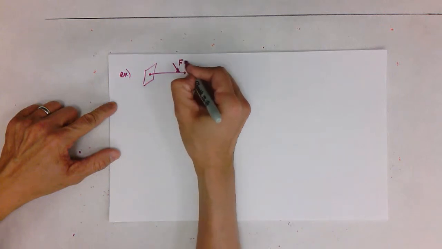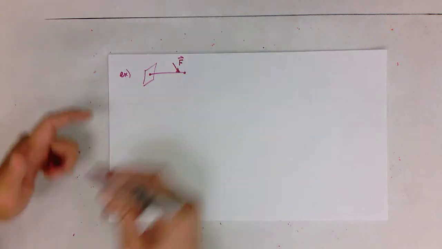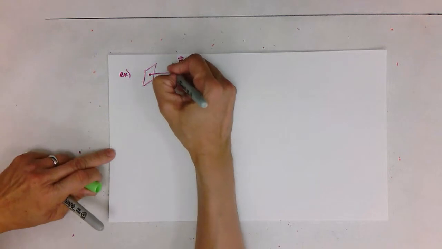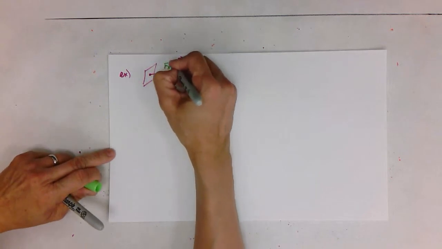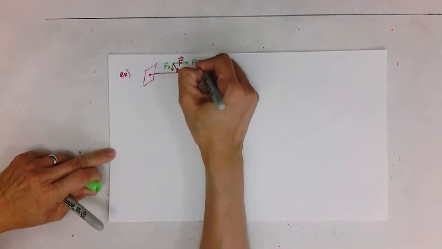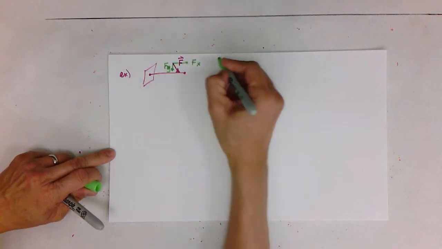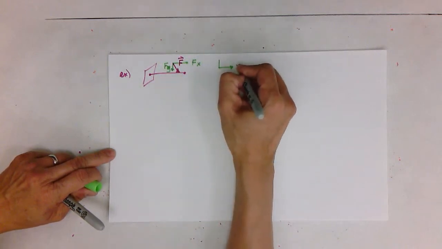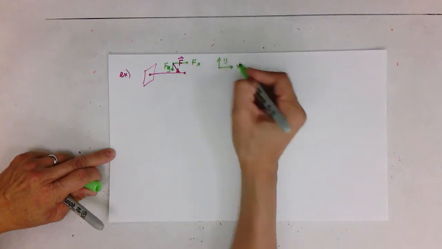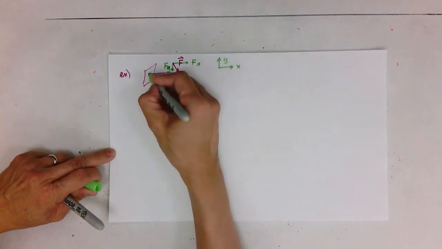So this force is known. And I'm going to draw this force in components in this direction. So these are known. We're going to give ourselves a reference frame coordinate system x and y. So z will be on the page. Here's y, here's x.